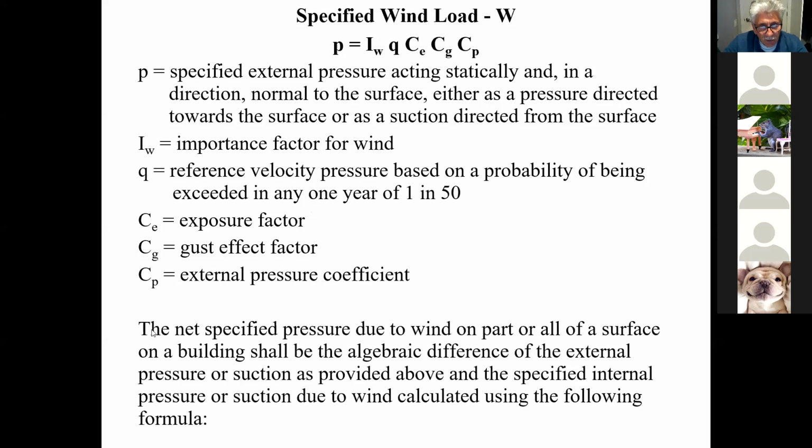Now, the net specified pressure due to wind on part or all of a surface shall be the algebraic difference of the external pressure or suction as provided above and the internal pressure and suction due to the wind, calculated using the following formula. Now, for the internal, it's very similar. We use P internal. It's the same formula, except you take these three variables, they're exactly the same.